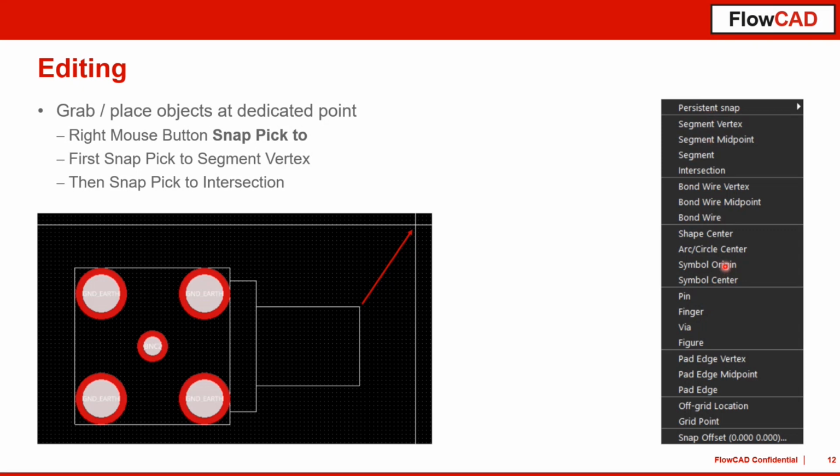And this makes life very easy, and it is very precise to work with the tool with the Snap Pick To functionality. Always adjusting the grid or something like this would also be possible, but this is really cumbersome. And this is really easy and fast to use. I will also show this inside of the tool, and then you have an impression how the Snap Pick To command works here. And almost all commands are available on the right mouse button.